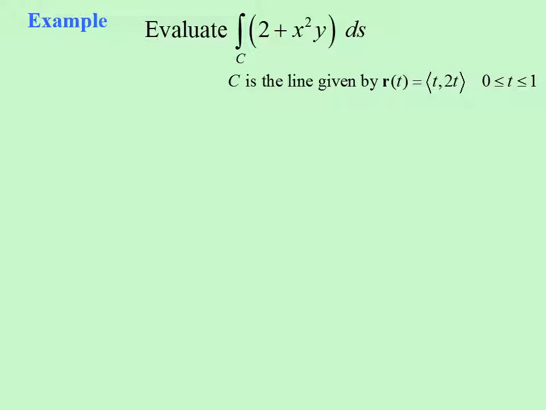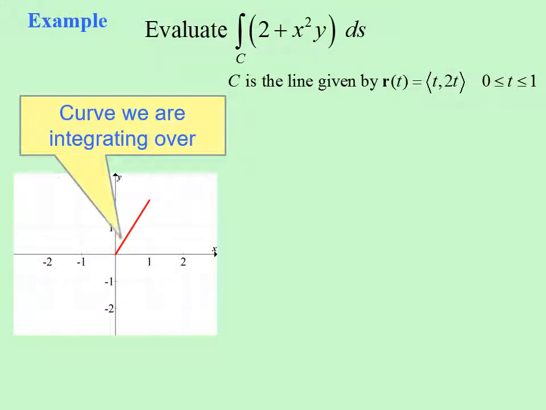We're going to do the integral of the function 2 plus x squared y over the curve described as the line segment r equals t comma 2t from t equals 0 to t equals 1. Here's a graph of the curve that we're integrating over.